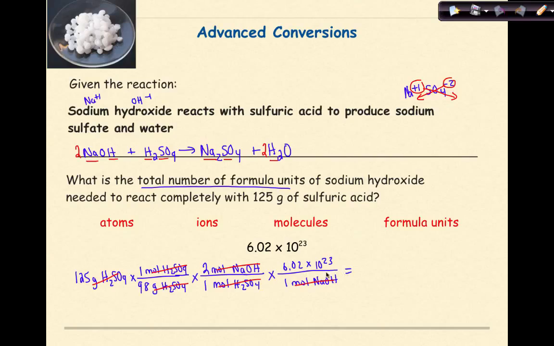So if I work this out for an answer, I get 1.54 times 10 to the 24th formula units of NaOH as my answer. Formula units of NaOH is my final answer. Also making sure that the significant figures I end with match the significant figures that I started with.